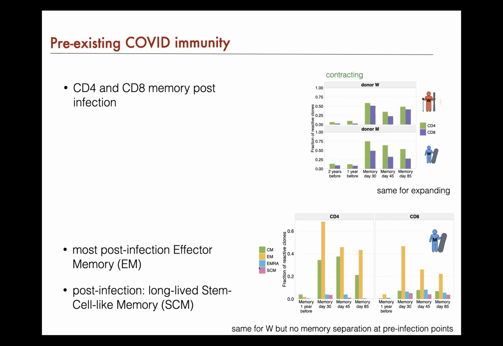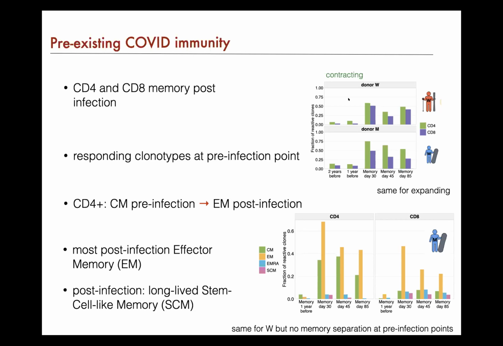However, we also notice a bit of long-lived stem cell-like memory in both CD4, CD8. We're doing the comparison here only for donor M because we only have the memory separation for donor M.